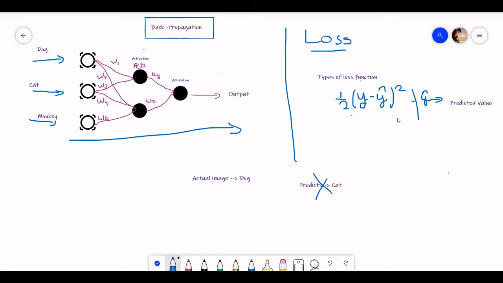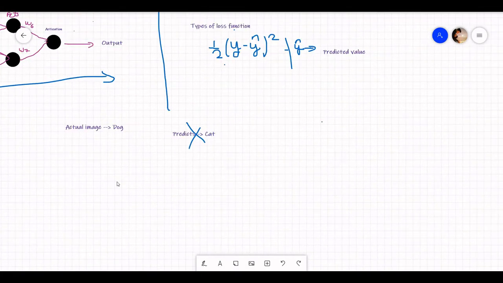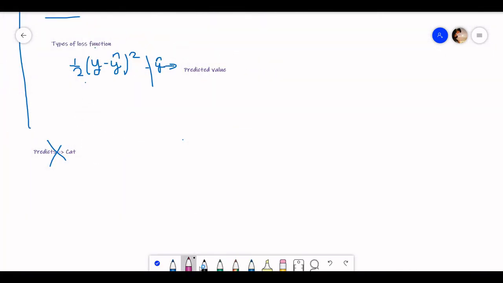To reduce this loss, to find the correct value that will classify our image as a dog, we have to reduce this loss. In that case, to reduce that loss, we have something known as optimizers.